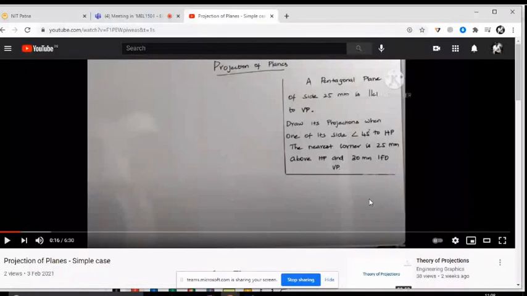No, no, sir. Okay, so I have shown a question here. You just tell me whether the true shape will be visible in the front view or top view. You read the question and tell me whether this belongs to the simple case or not.